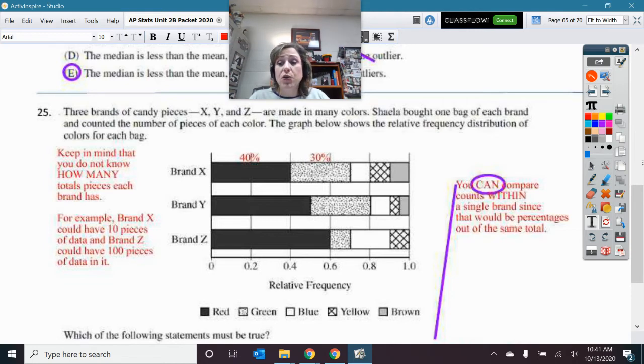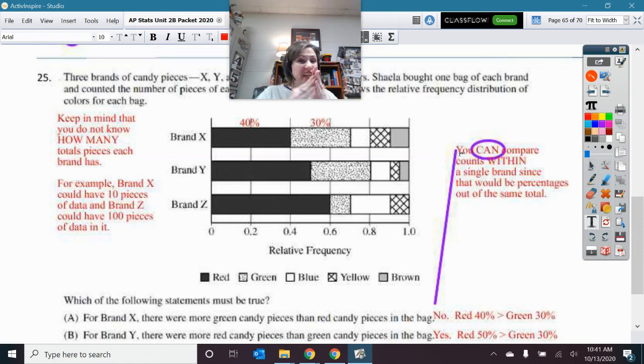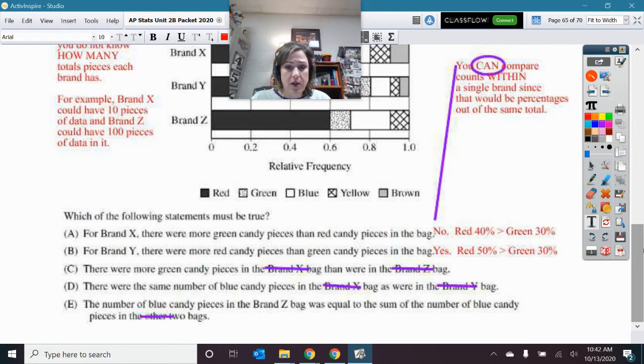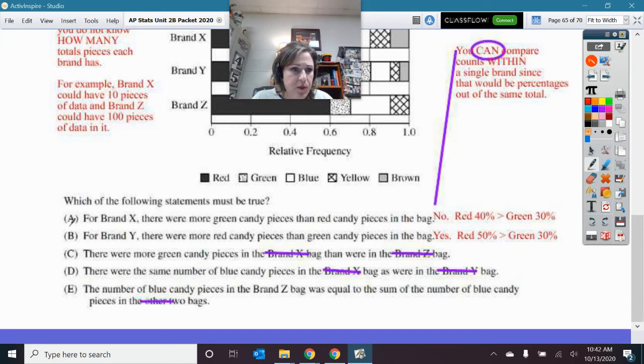So you can compare percentages within brand Y. I could compare the black and the spotted area for brand Y, but I can't compare the number values, how many pieces of data there are in brand Z black section and brand Y black section, because they could have different totals that those percentages are out of. So the answer here, I didn't put what the answer was, so I guess that it's B. So answer choice B, yes, we can, because we are comparing out of the same bag of brand Y.